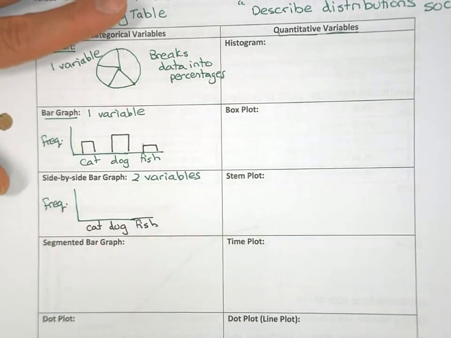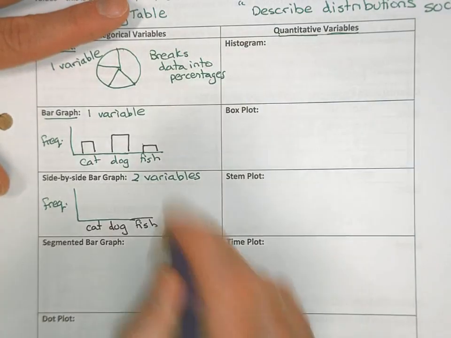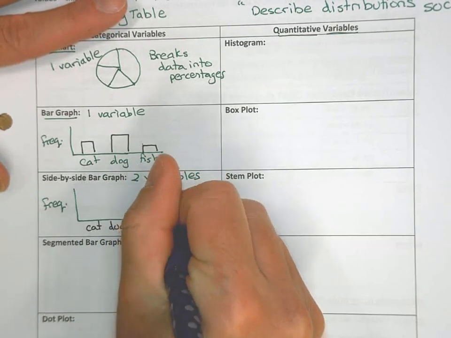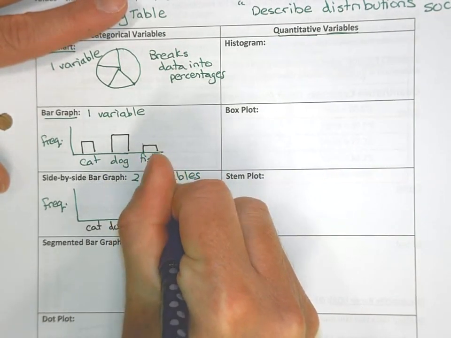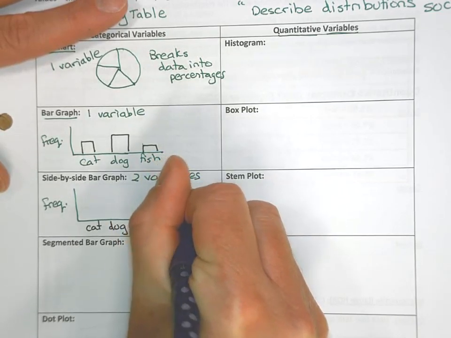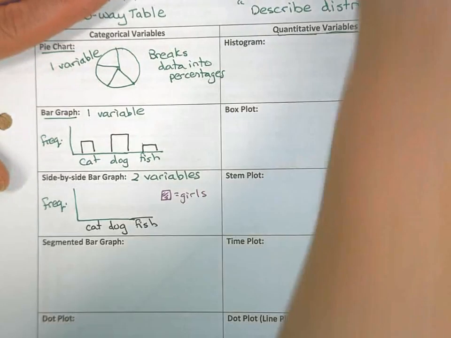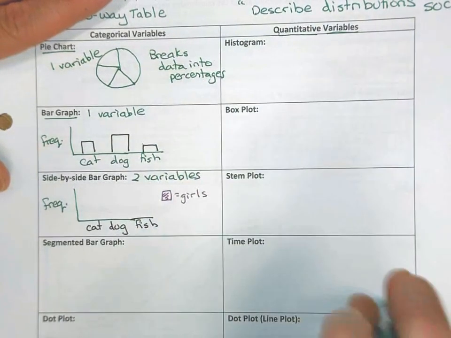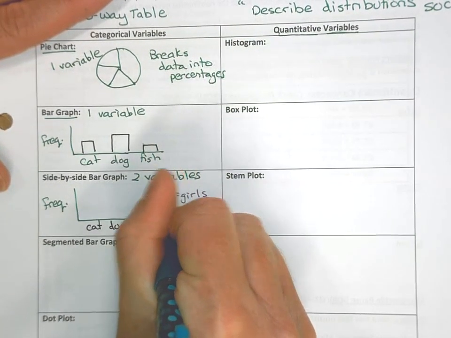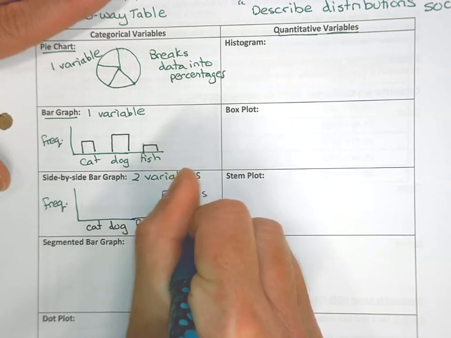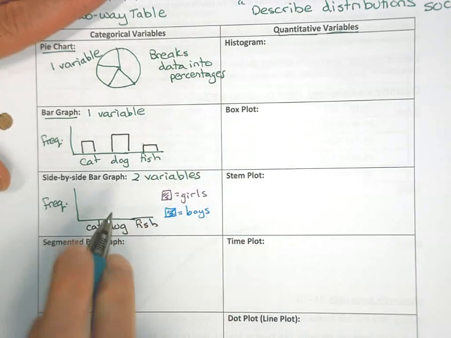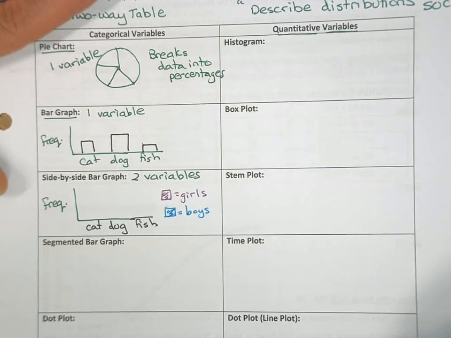Only you're going to have different representations on your graph. So we could say that purple equals girls, and blue, or whatever color this is, equals boys. So now your second variable is within the bars.